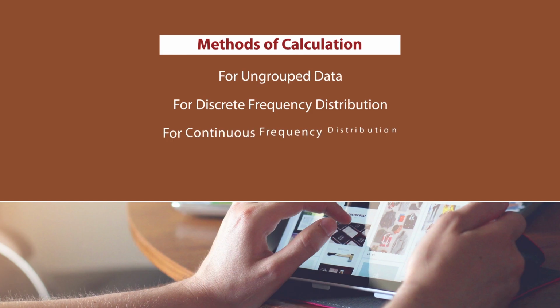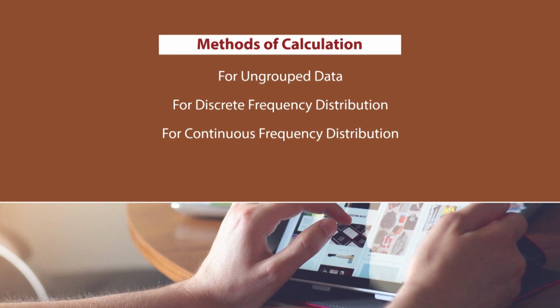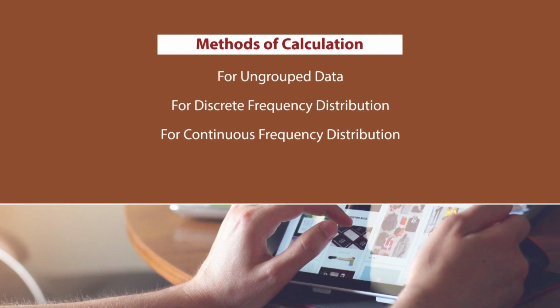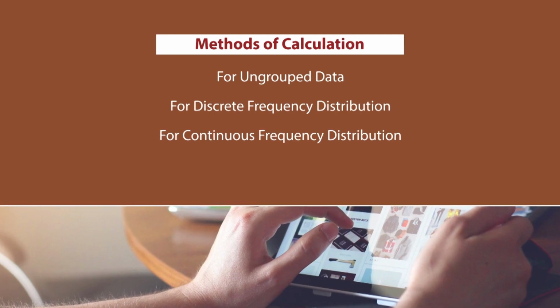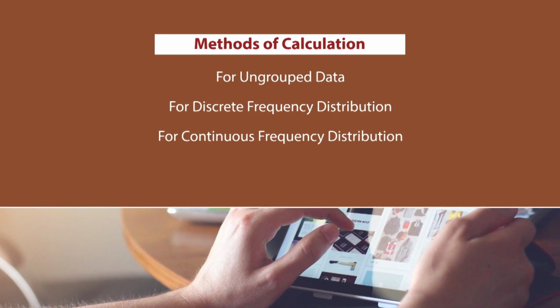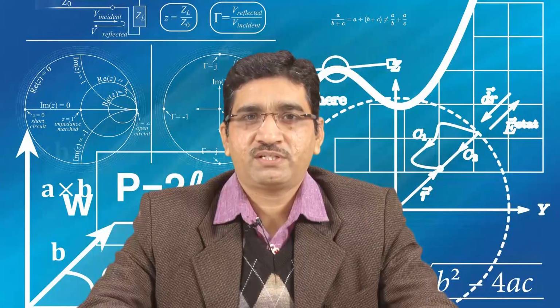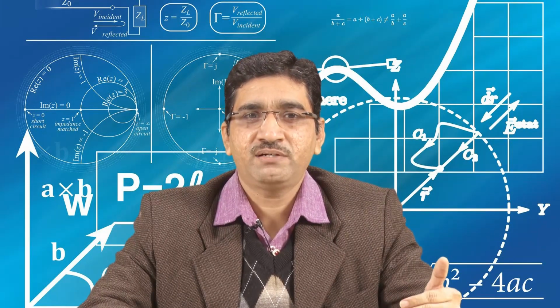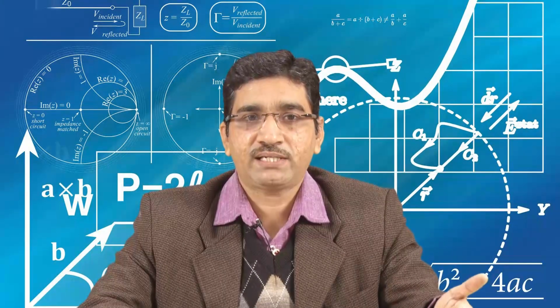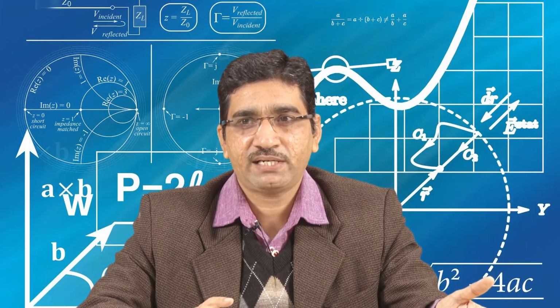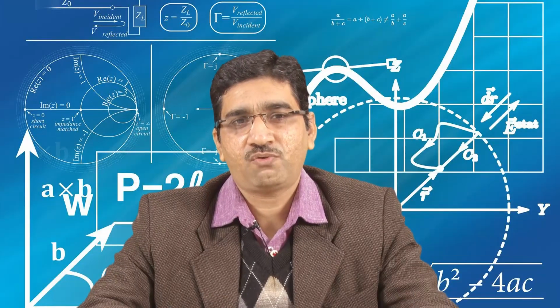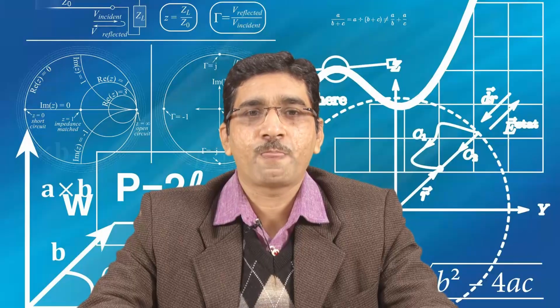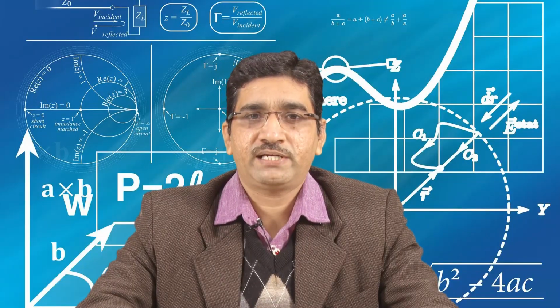Third is continuous frequency distribution, where the observations are classified into different groups and corresponding frequencies are given. Here we will discuss the calculation of arithmetic mean for these three types of data, and there are two methods for each: the direct method and the shortcut method.